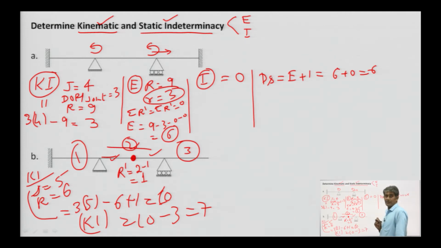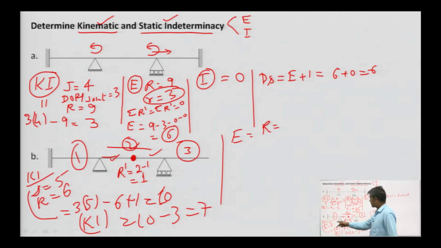Now let us calculate static indeterminacy. First of all, external. We counted capital R as 6, restraint 6, and R dash as 1.